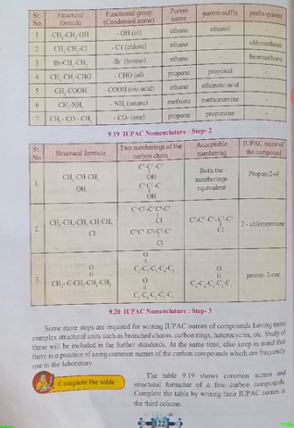In this table, the structural formula is CH3-CH-CH3 and there is an OH group. So, how will you write the two numberings of the carbon chain? You can observe in this table. First, write the 3 carbon atoms. On the second carbon we add one OH group, and below it we write 3 carbon atoms, and in the middle there is also one OH group.